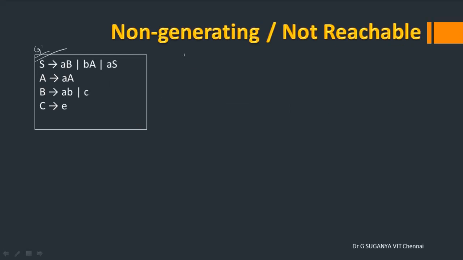How do we identify whether there exist any non-generating symbols? For non-generating, you have to consider terminal symbols. Every symbol should be able to generate some terminal string, which is a word. Let's say S can generate AB, BA, AS.